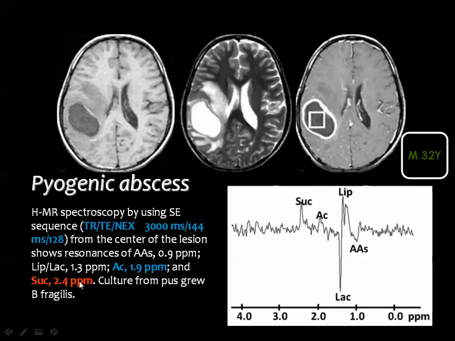Here you can see the lipid and lactate peak at 1.3 ppm, the acetate at 1.9 ppm, and the succinate at 2.4 ppm.